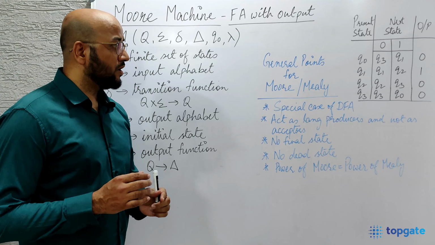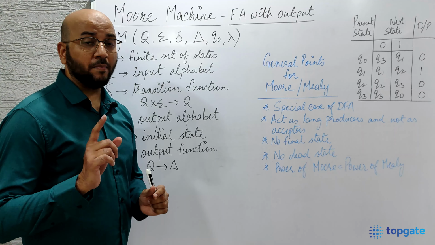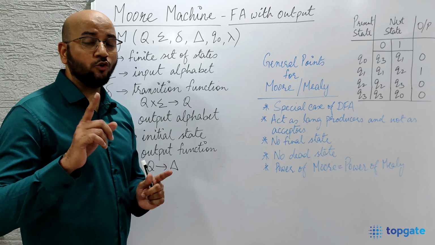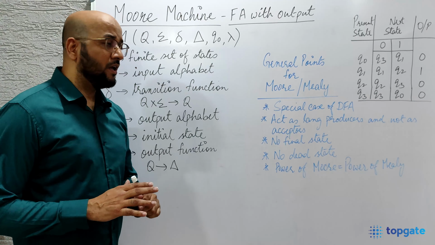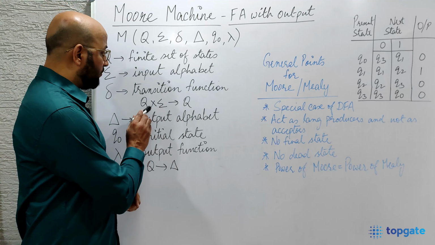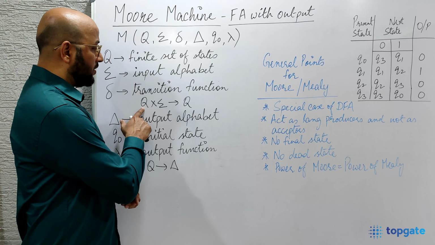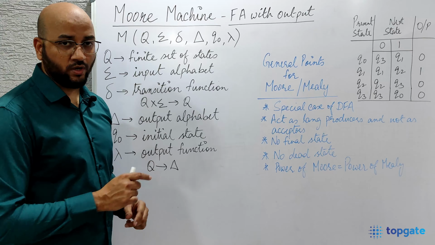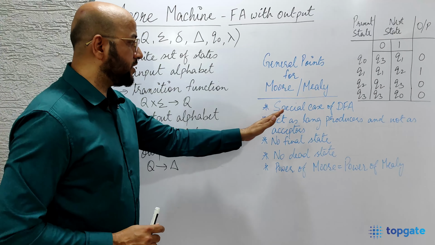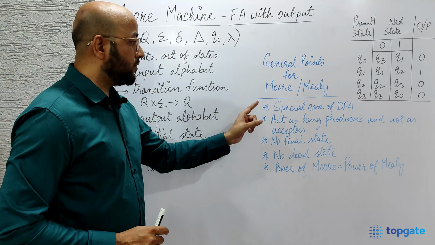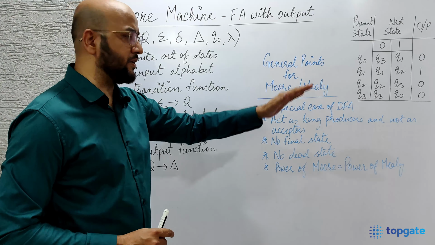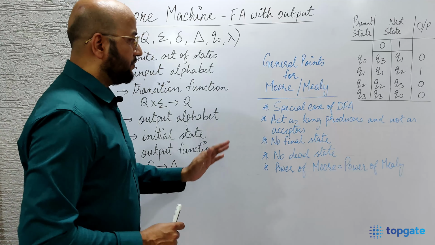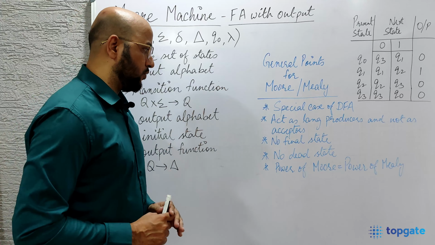In a DFA, every state must have exactly one outgoing path for every input alphabet. Alternatively, if you apply any input alphabet to any state, you will move on to a single state only. So both of these machines, the Moore and the Mealy, work like a DFA only. They are a special case of DFA. There are some limitations, I'll tell you later on, but these are a kind of DFA only.